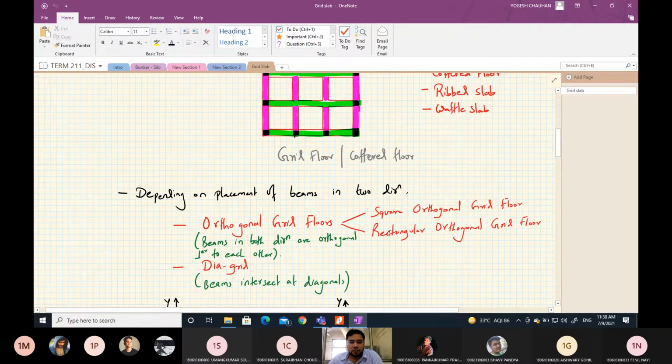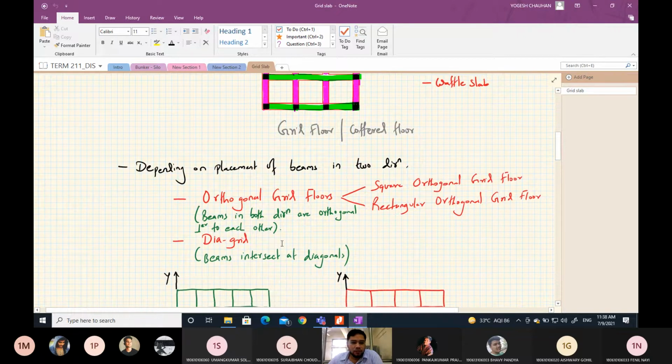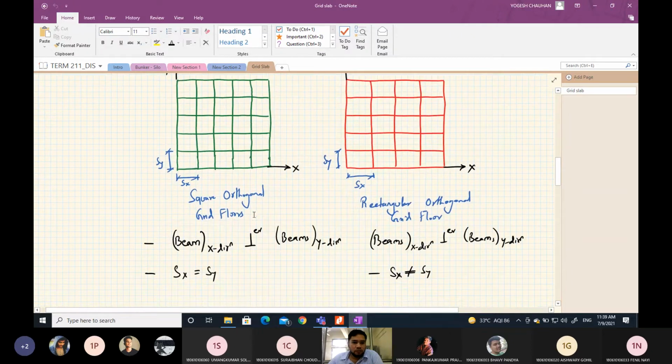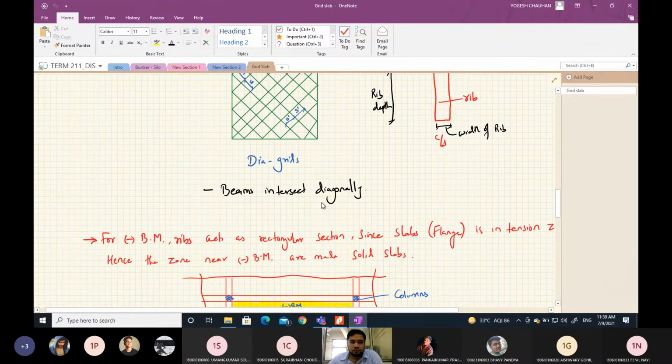If the spacing in both the directions is different, then it is a rectangular orthogonal grid floor. In diagrids, beams intersect diagonally. This is an example of a square orthogonal grid floor. This is a rectangular orthogonal grid floor, and this is a diagrid.